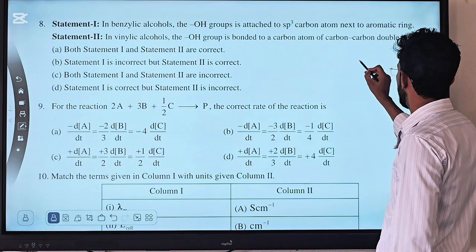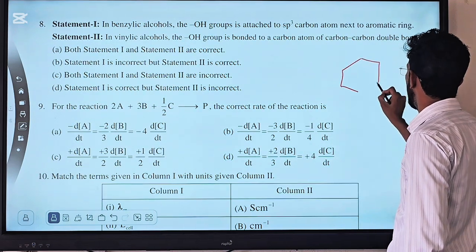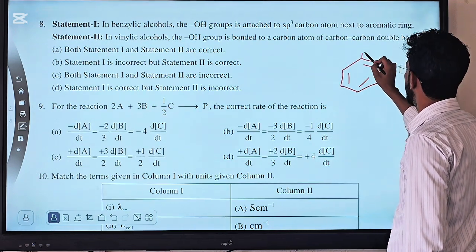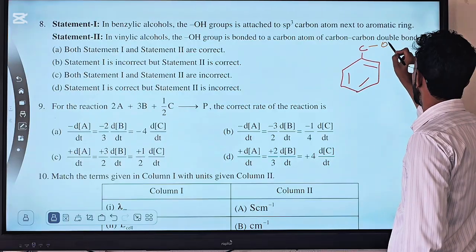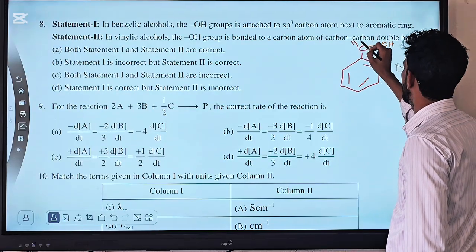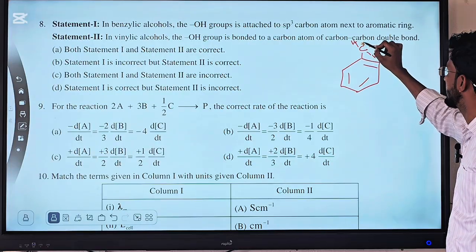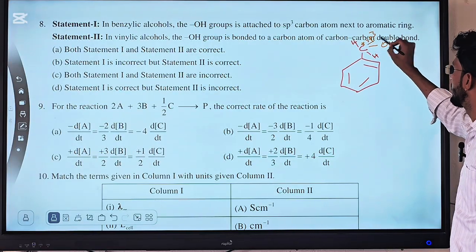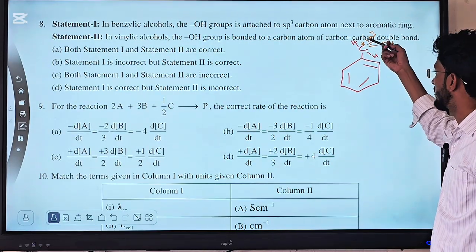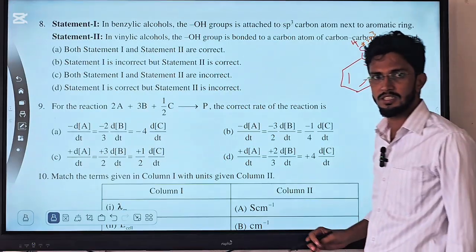Yes, it is correct. What is benzylic alcohol? This is a benzene ring attached to a carbon, and this carbon carries the OH. This carbon contains H. This is benzylic alcohol. This carbon is sp3, and the OH is next to the aromatic ring.